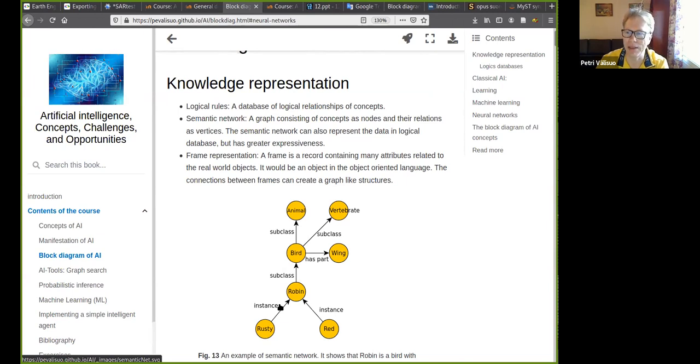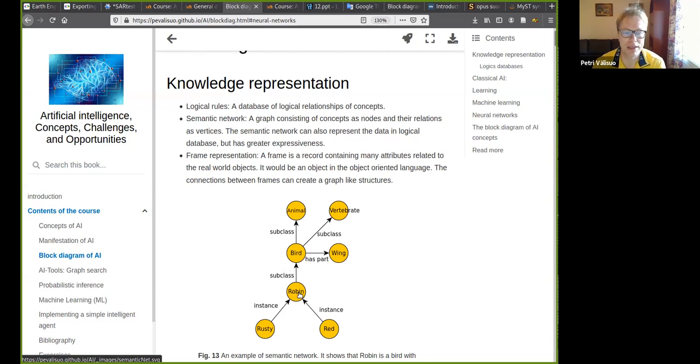Therefore, this is a semantic network. It's not only a network of arrows and bubbles, but you also have the type of connection between each of these bubbles. That makes it semantic. And in this way, many kinds of information can be encoded.